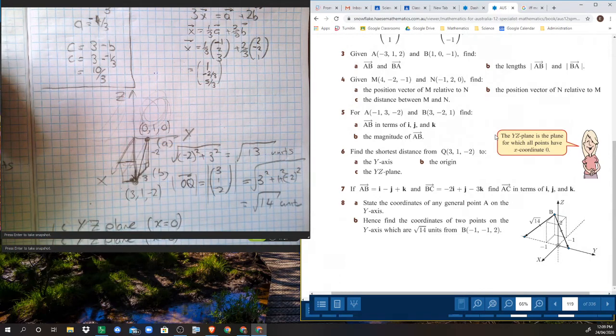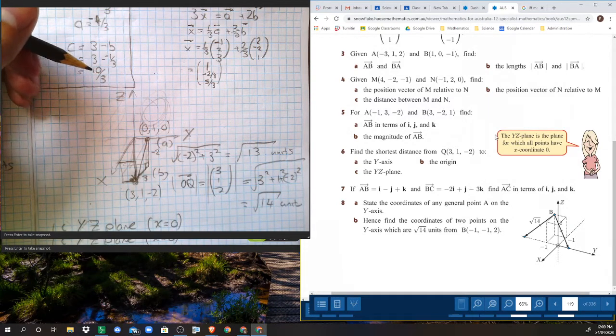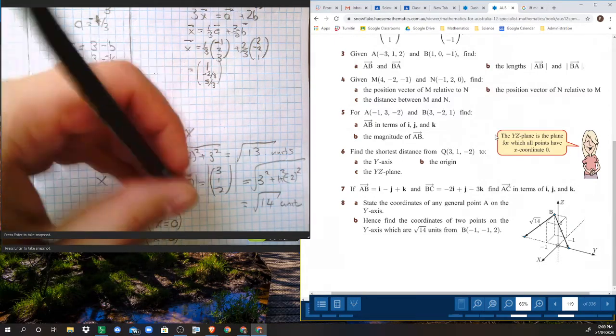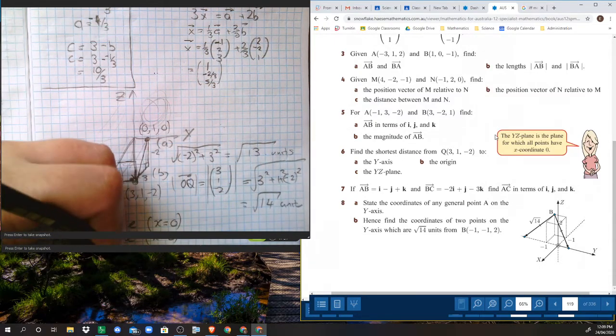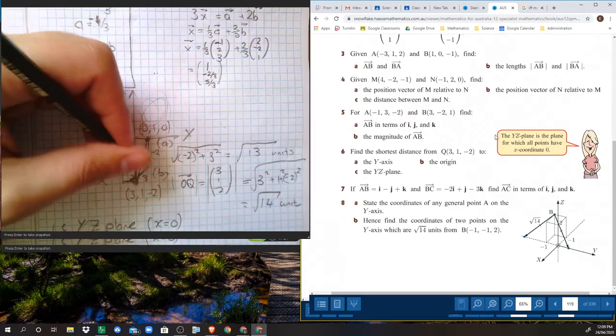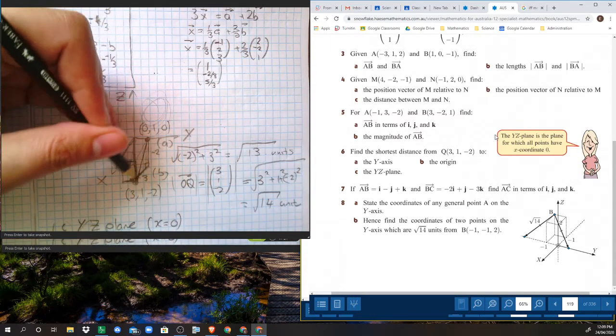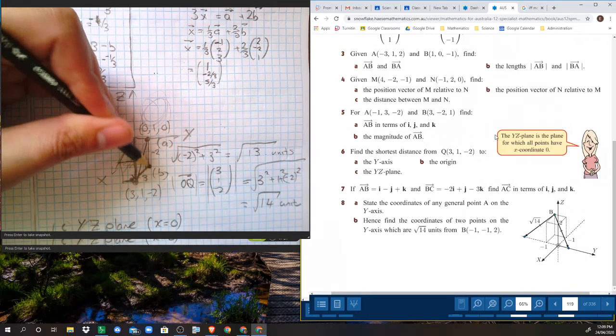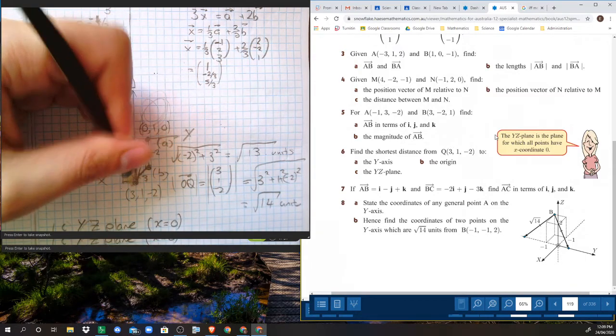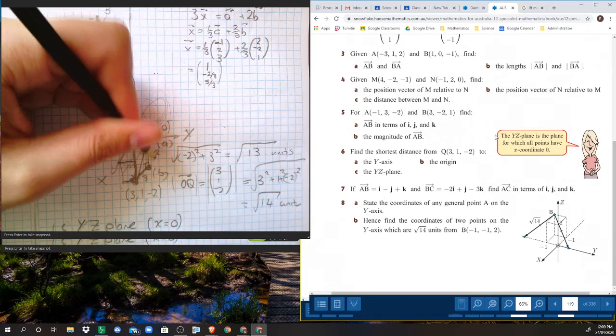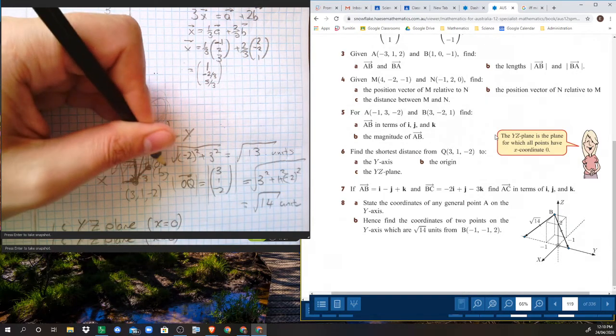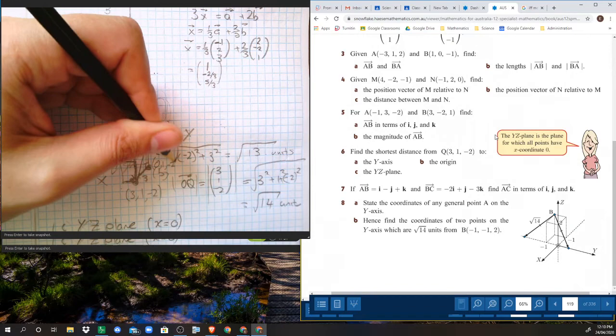I think that's literally just 3. Because if you move, this point here before you move the 3 has a coordinate of 0, 1, -2.